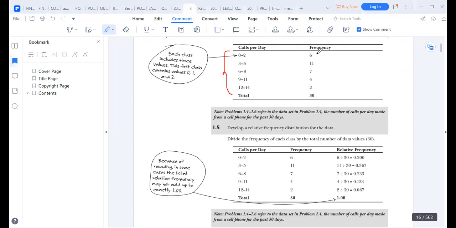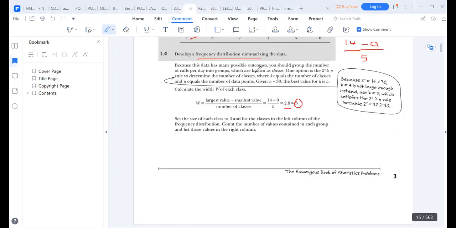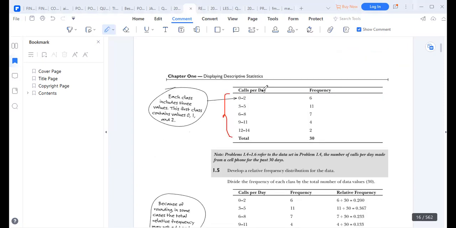So these are 6 numbers. That's the frequency we're getting here. Then 3 to 5, we check them out again. We discover that they are 11. 6 to 8, 7. 9 to 11, 4. 12 to 14, there are 2.